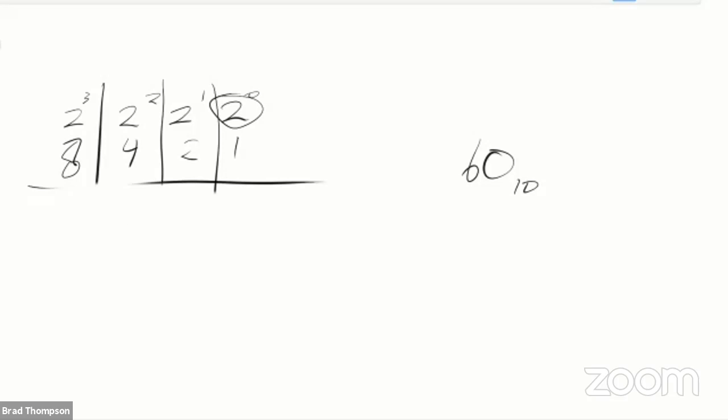What is that in binary? Would it be 6001? It can't be 6 first.